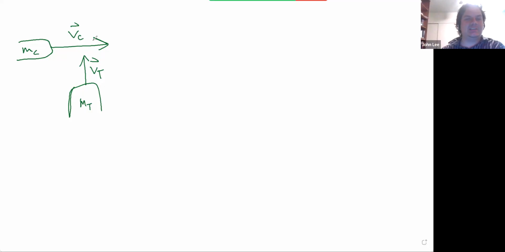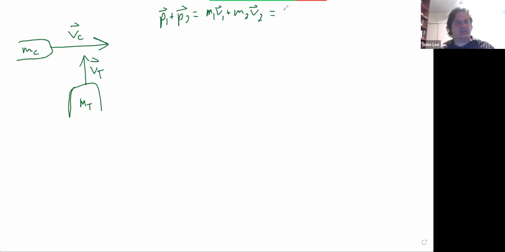But let's just be a little clearer that P1 plus P2 is equal to M1 V1 plus M2 V2, and that these are vector quantities, and then these vectors are conserved.